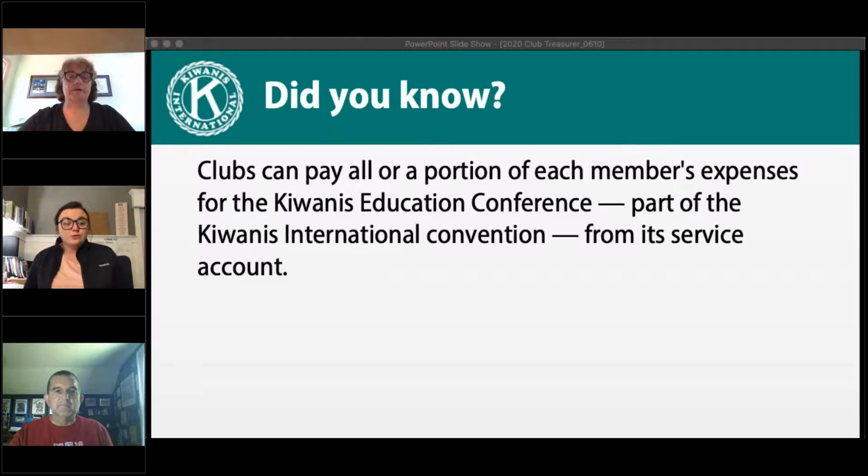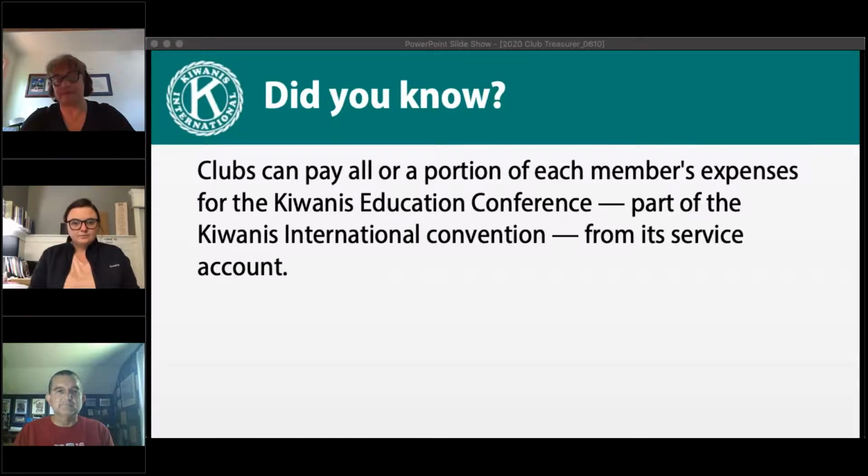Whether it be positional leadership training offered at international convention or at your district convention, the idea is that using some of these funds from the service account will impact your community directly because you were part of these training opportunities. I can tell you that the thought that you can't take it from your service account has been an unwritten rule in the Kiwanis world.